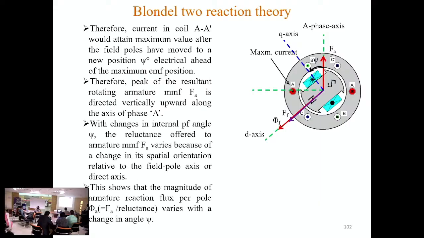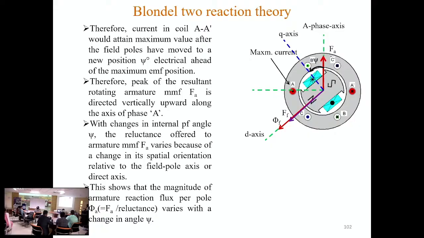So if we change the internal power factor angle psi, then the position of this N and S pole will be different. Based on that, if we resolve this FA or IA into two components, one along the D axis, another along the Q axis, both of them will see different reluctance. Am I clear or not?